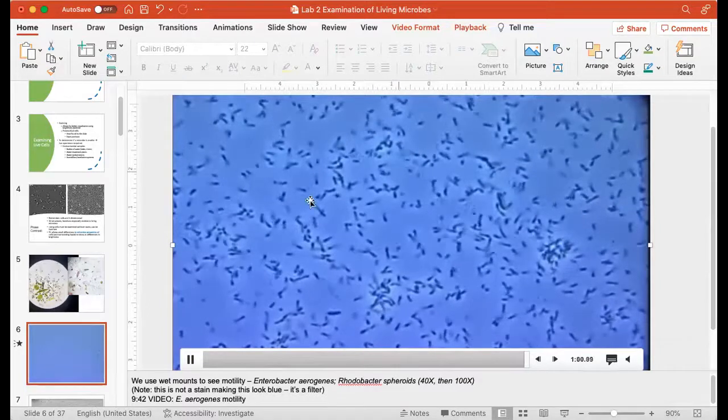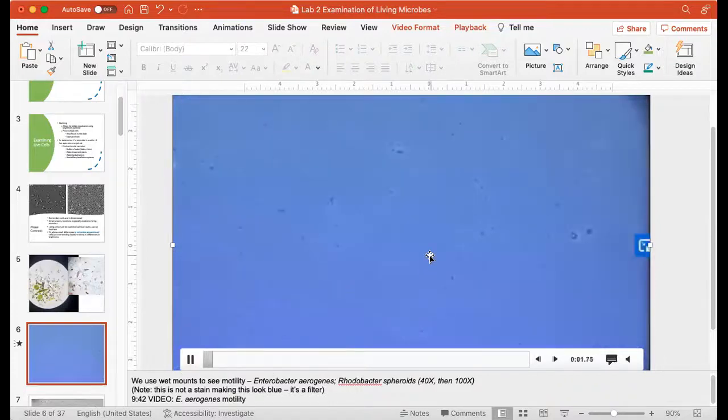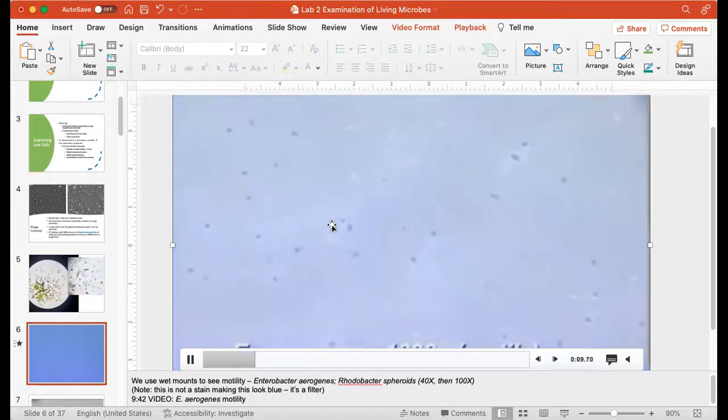Remember, these cells are not stained. We haven't put any stain on this. What we've done is we've used a blue filter, and it helps us see the cells a little more clearly. This is 40x. This is 100x. You see what I mean? How you get much better detail under the 100x lens?